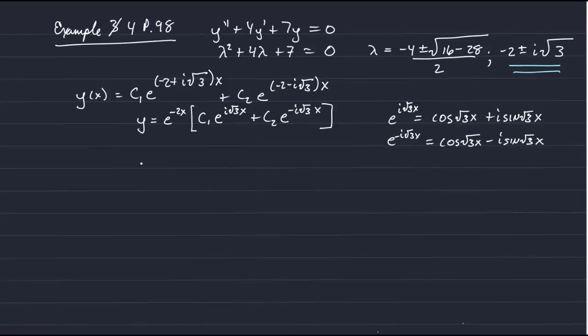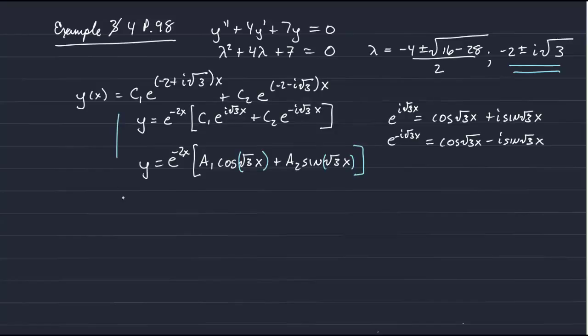And so we could write this also as e to the minus 2x times a1 cosine square root of 3x, so the square root of 3x is in the cosine function, plus a2 sine square root of 3x. And these are two equivalent ways of writing the general solution to this problem.